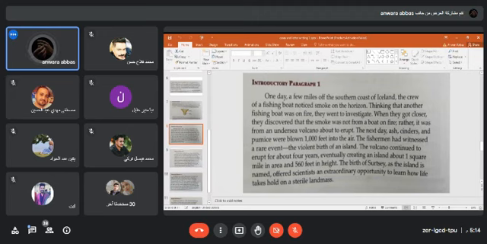The birth of Surtsey, as the island is named, offered scientists an extraordinary opportunity to learn how life takes hold on a sterile landmass. Okay, now what kind of introduction is it? Let us read it a second time so we can identify what kind of introduction it is.